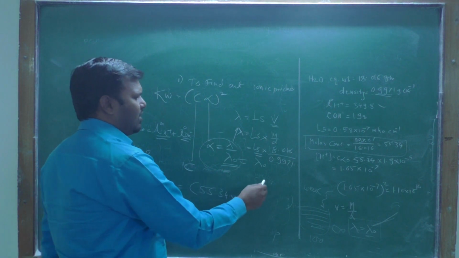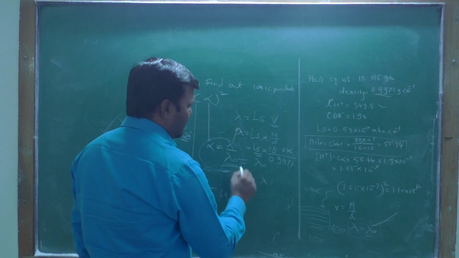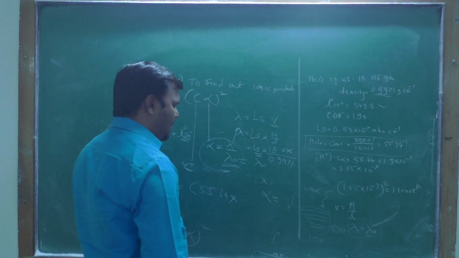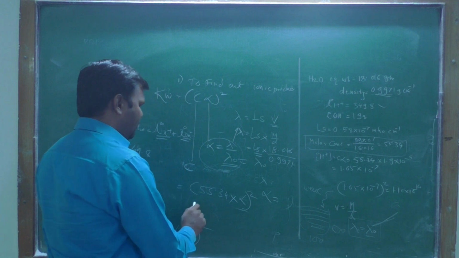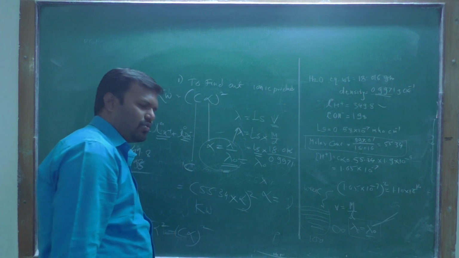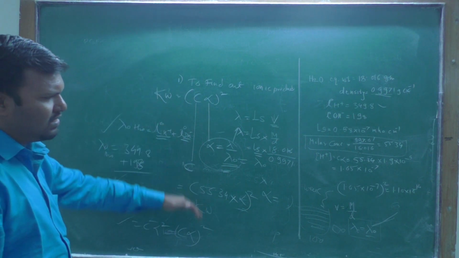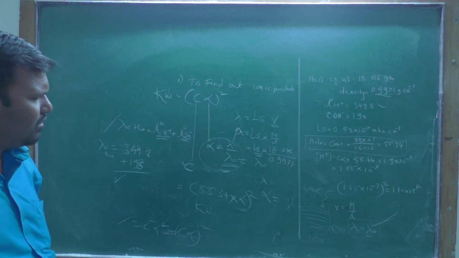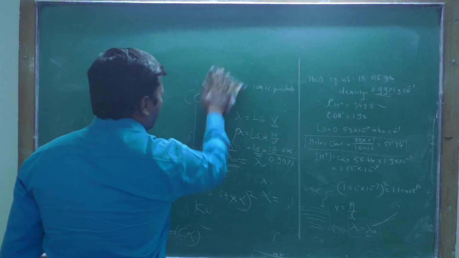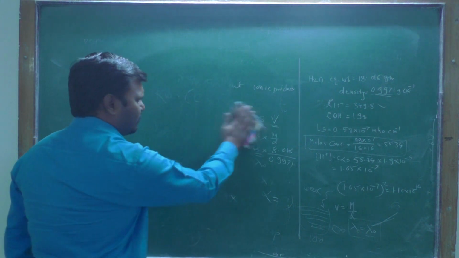Therefore you can find lambda. Then by putting in the values of lambda and squaring, you can find Kw, that is the ionic product of water. In that way we can find the ionic product of water. That is one of the applications of equivalent conductance.